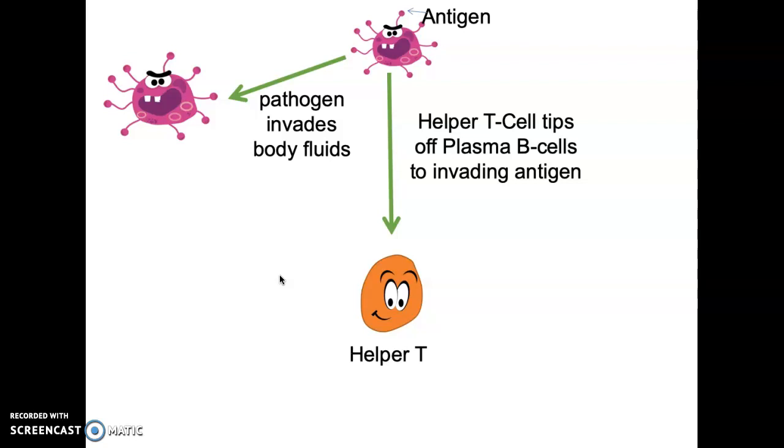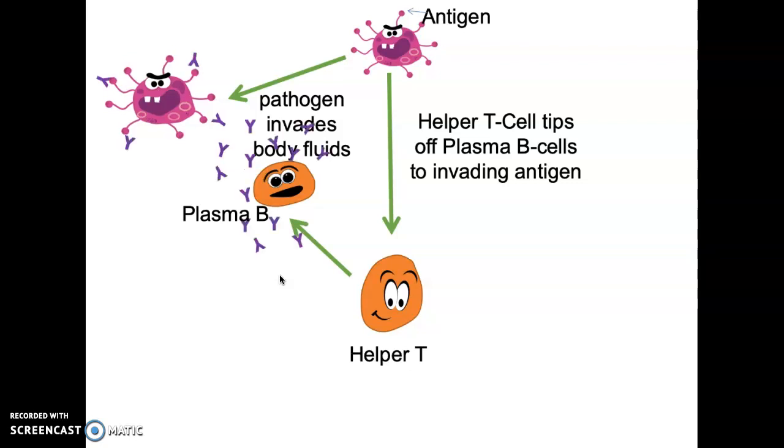They can't do anything about it except tap the plasma B cells on the shoulder and say, hey, be on the lookout for antigens that look like this. So those B cells are on the lookout, hence the telescope, and when they find them, they mass produce these little proteins called antibodies. Those antibodies are going to play a critical role, which I want to zoom in on the next slide.